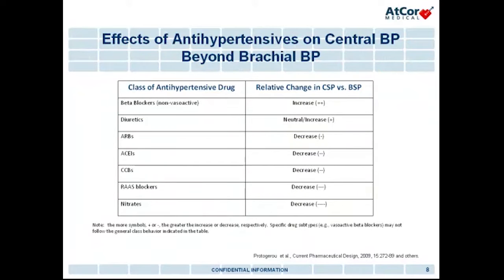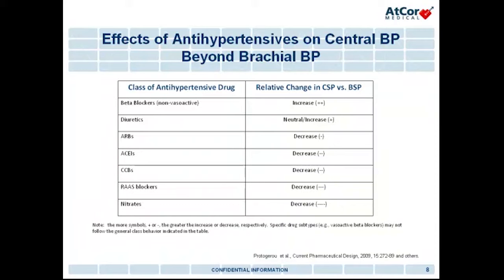So I just wanted to mention the effects of antihypertensives on central blood pressure. I just want to point out that non-vasoactive beta blockers, and that would be things like atenolol, which is very rarely used anymore, and also metoprolol, are both what we would consider to be non-vasoactive, and they tend to increase central systolic blood pressure disproportionate to brachial blood pressure.